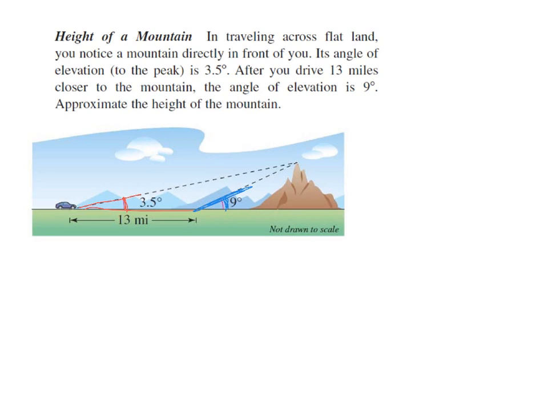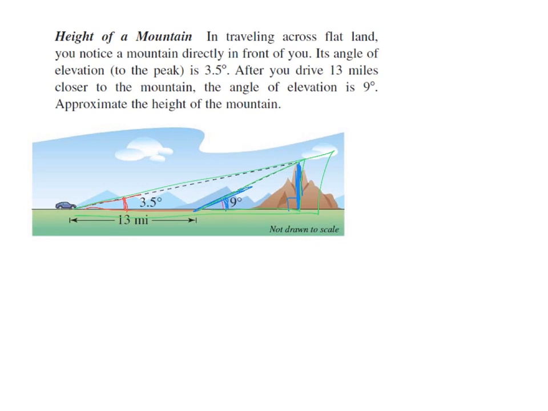We need to figure out this height. The height is the vertical distance, so vertical and horizontal are perpendicular there. We have a right angle. So I have two right triangles here: this small one, and this bigger one. Since you have two right triangles, you could set up two equations.